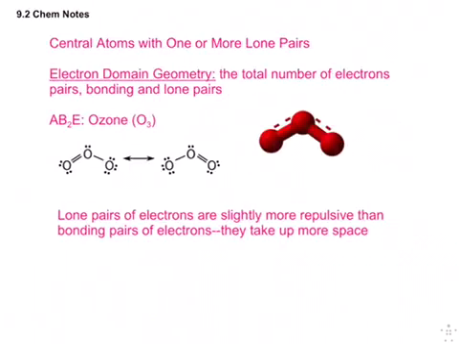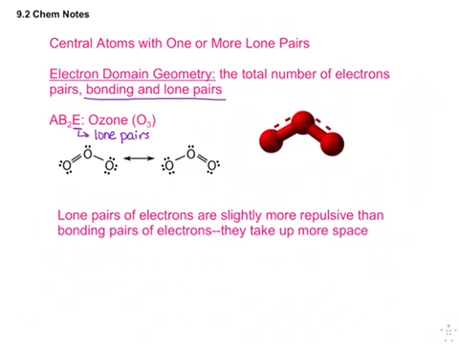So what happens if we have one or more lone pairs of atoms? This is when we start to look at the electron domain geometry. And this looks at the total number of electron pairs, whether they're bonding or just lone pairs. So an example here would be AB2E, and the E stands for lone pairs.